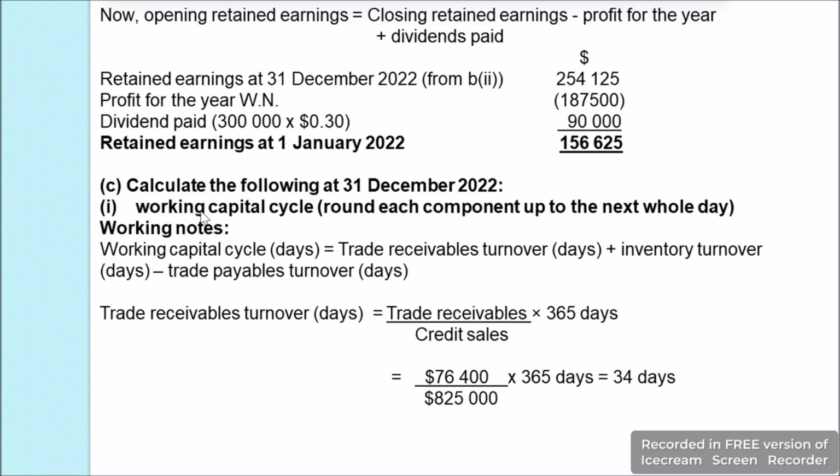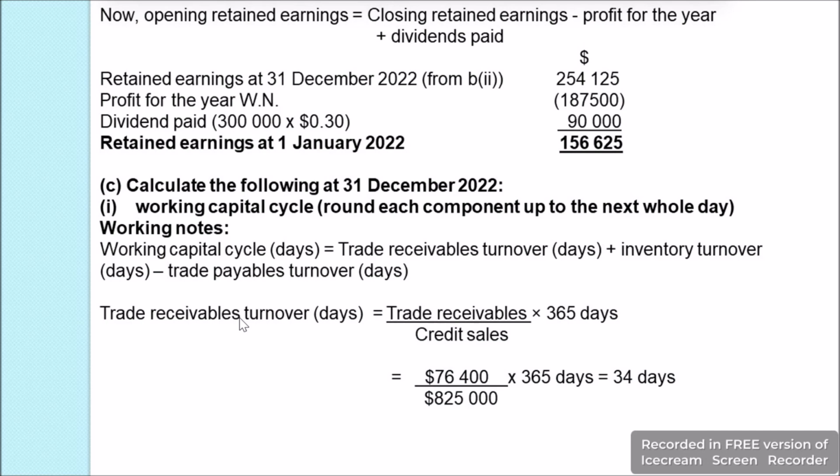The first thing which we have to calculate here is the working capital cycle, rounding each component up to the next whole day. So we'll start with the working notes, where the working capital cycle in days is equal to the trade receivable turnover in days plus the inventory turnover in days minus the trade payable turnover in days.